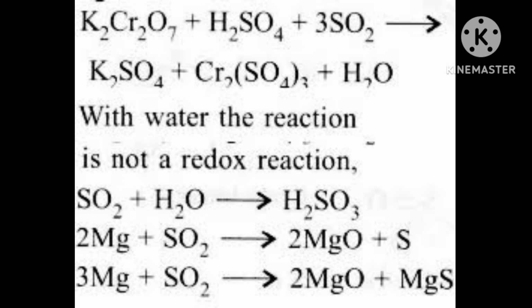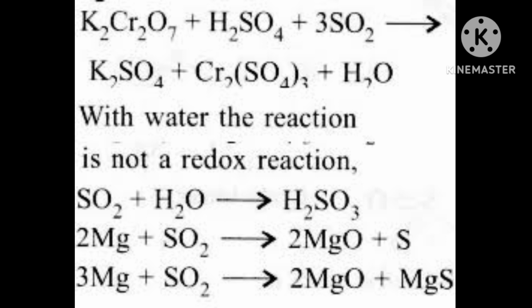Because it is gaining the electron, you will get MnO4 2 minus, and during this reduction process the potential developed is 0.56 volt.